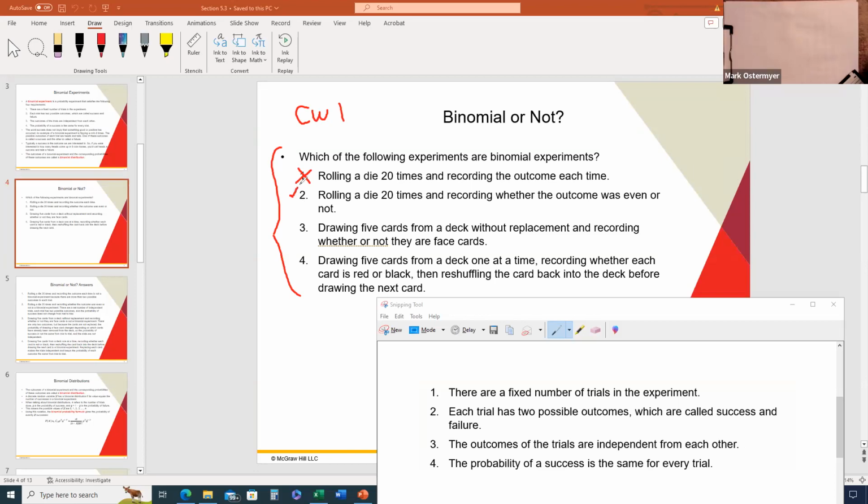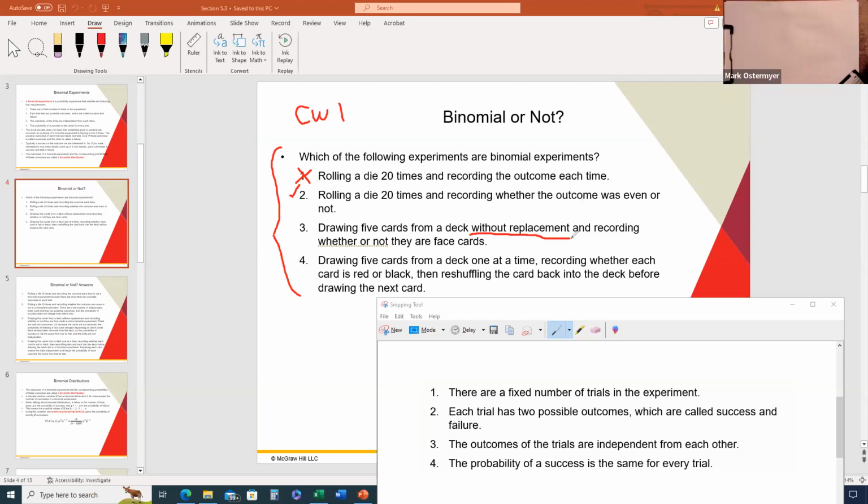How about number 3? Is number 3 a binomial experiment? Anybody? No. Why not? It's without replacement, so the outcomes are dependent.